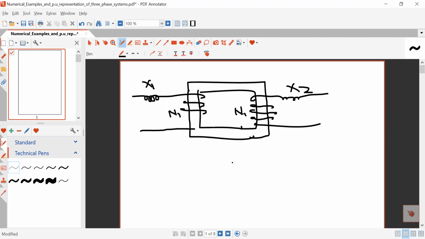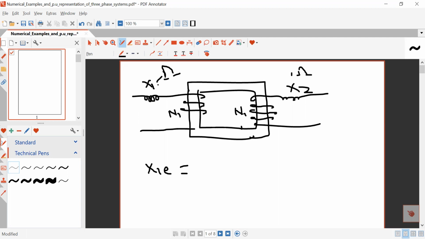Now, if I am asking you to calculate total reactance of the transformer referred to the primary, when X1 and X2 both are in their conventional unit, or you can say in ohm, then in first year study in basic electrical engineering course or in electrical machine 1, you have already studied the method for calculating total reactance of the transformer referred to the primary or referred to the secondary.